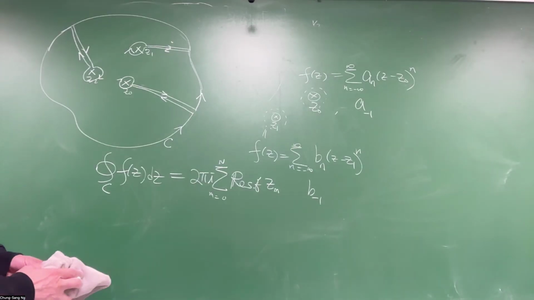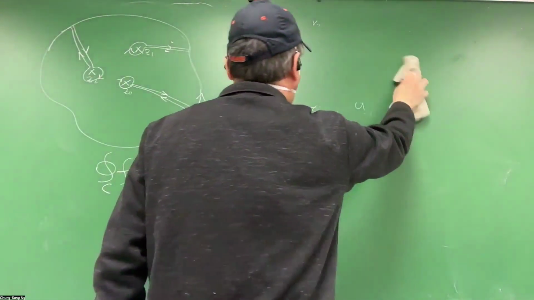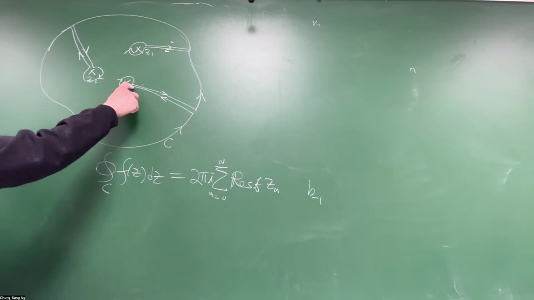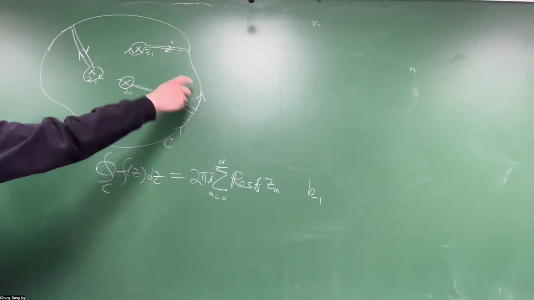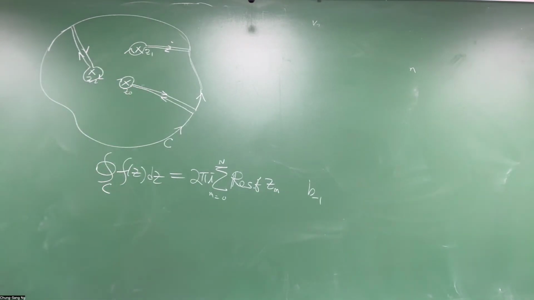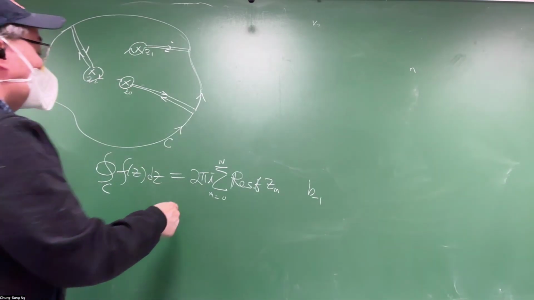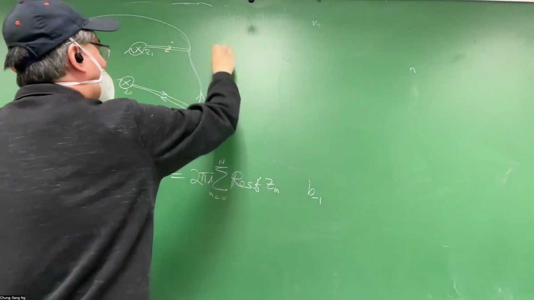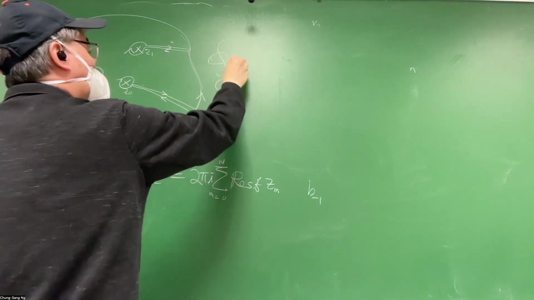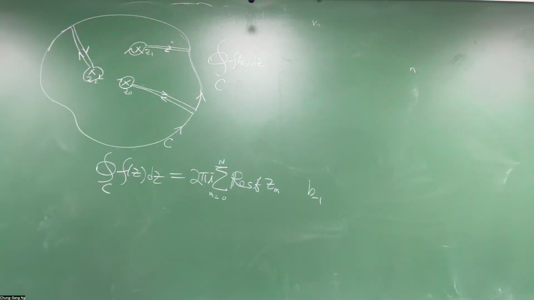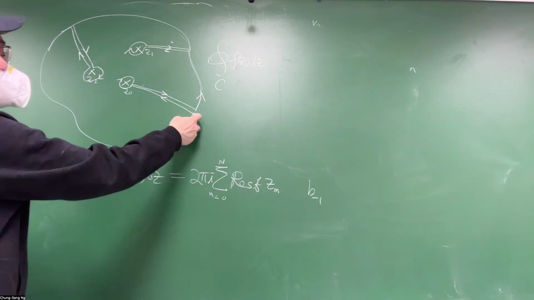Now, after you do that, the deformed loop has no singularity. All the singularities are outside the loop. Then you can use the Cauchy integral theorem to say that this loop integral is zero. So this new loop is originally C that we want to calculate first, but then we deform it.